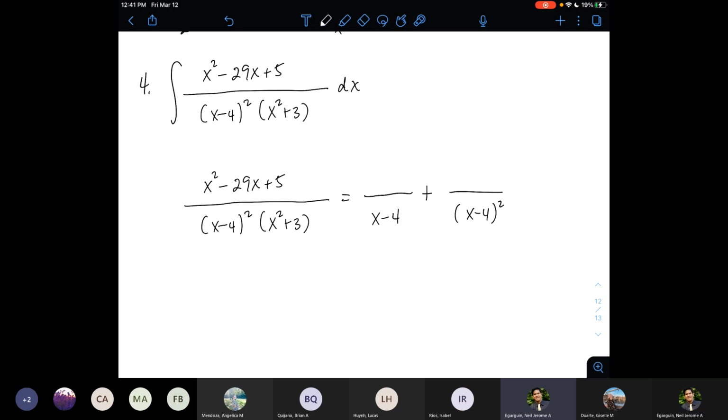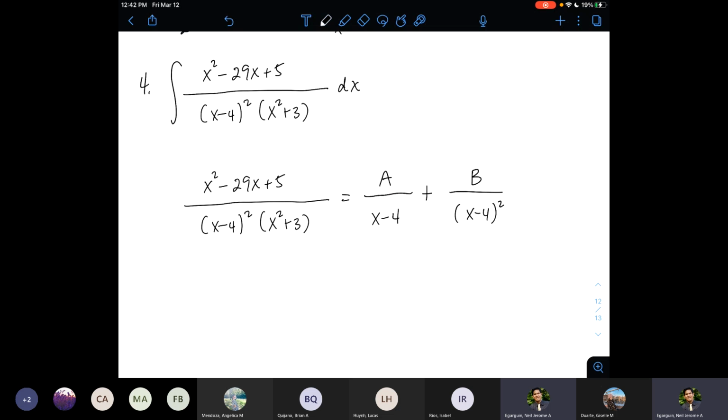Okay, so this would be the partial fractions corresponding to x minus 4 repeated twice. And then the numerators here will be 1 degree less than the original factor. Remember, the original factor is x minus 4. It's just repeated twice, so it's linear. So the numerators for both of these partial fractions will be constants, right? They will be generic constants, say a and b.